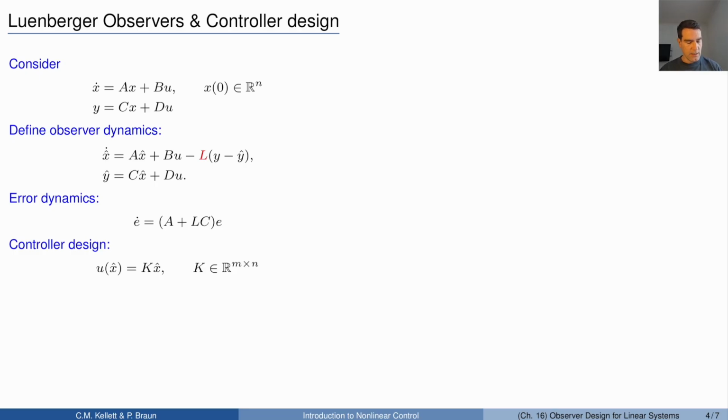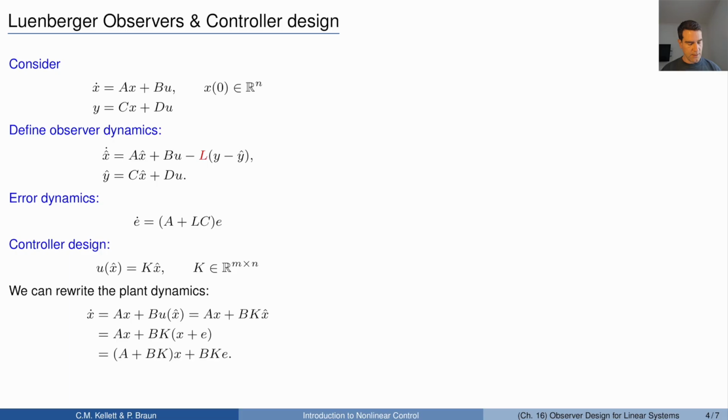So what we had so far was our dynamics of the system, the plant dynamics. We have our Luenberger observer, where we have defined the matrix L in such a way that A plus LC is Hurwitz. And now, as a next step, we can design u equal to Kx, so this degree of freedom here, to again guarantee certain properties of the overall closed loop system.